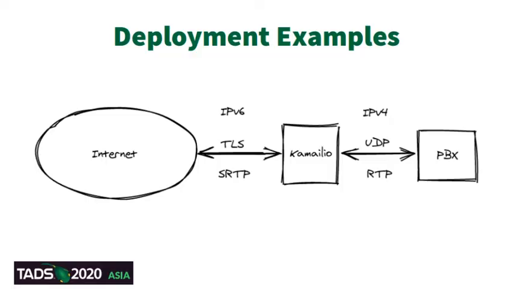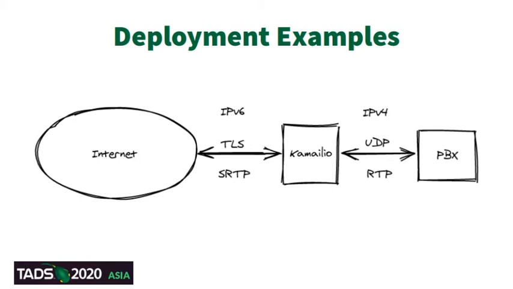In this same type of example, we can also showcase some of the bridging that Kamailio can do. So for example, you can have Kamailio handle IPv6 and IPv4 connectivity for your system, and require TLS communication, for example, to your endpoints, and maybe SRTP. And then on the back end, since you're already in your network, you can just go simple IPv4 and change it from TLS to UDP, as well as from secured RTP to just regular RTP.